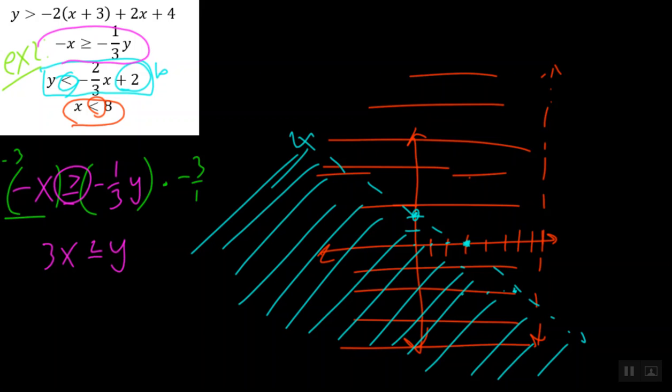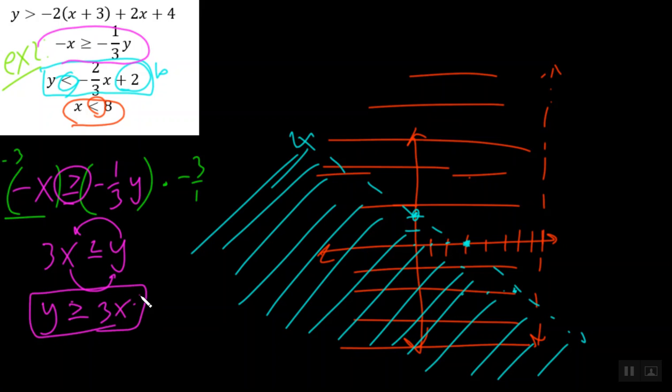Now, what makes this so confusing is that we never write it with the x term first. So we put the y on the left and the x on the right. If you flip the inequality, you have to flip the symbol as well. So that less than or equal to becomes a greater than or equal to, and ironically, it now looks like what we originally started with.